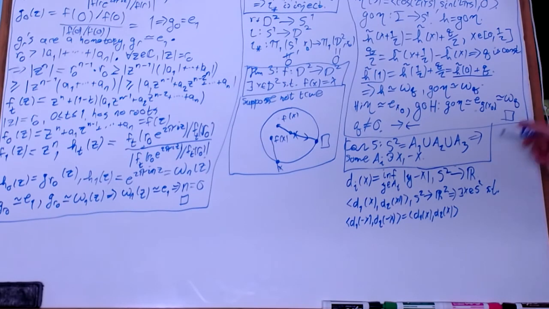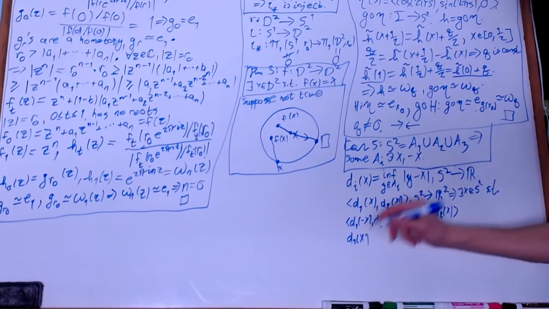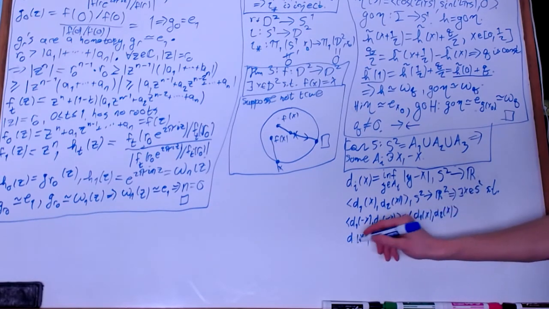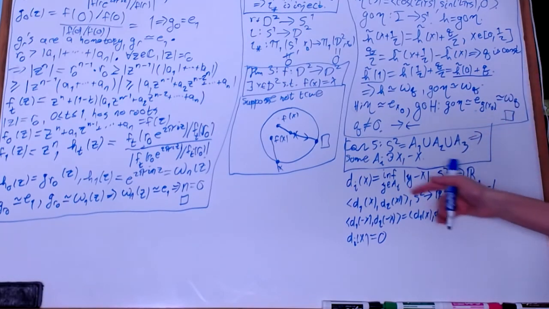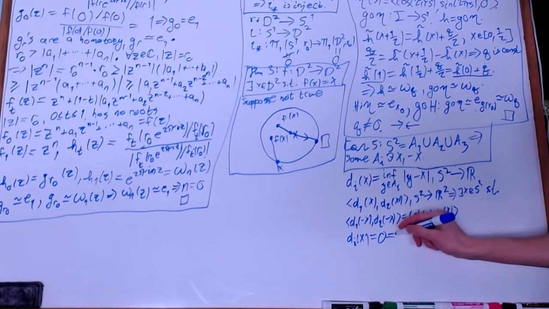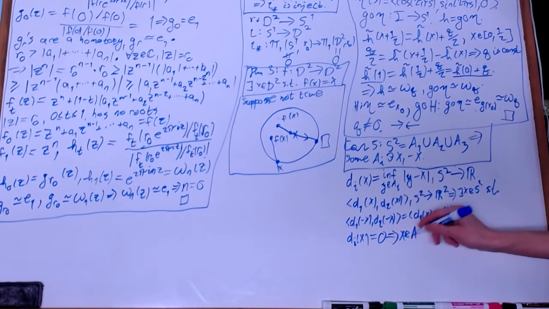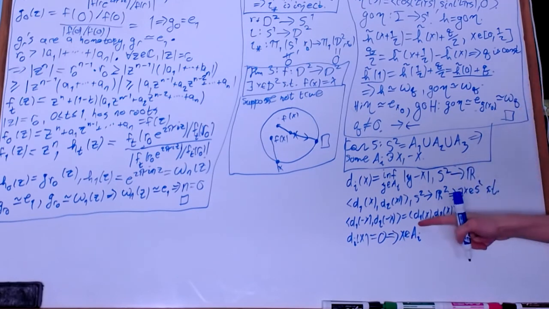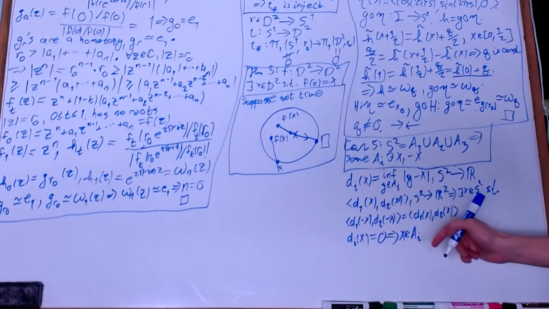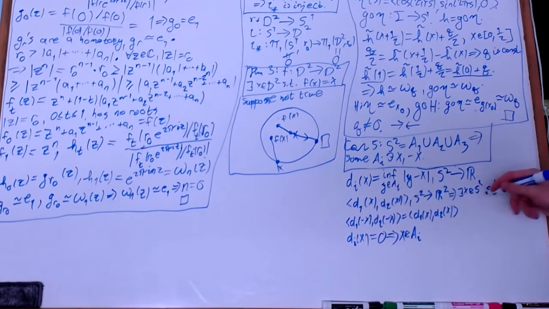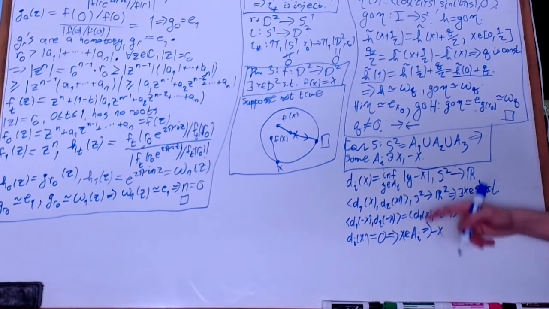Now, if either of these di of x's is equal to 0, that has to mean, by the fact that these Ai's are closed, that x is an element of Ai. But by the fact that di of x is equal to di of negative x for i equals 1 or 2, given the Borsuk-Ulam theorem, that means negative x also has a distance of 0 from Ai, which means negative x is an element of Ai too.